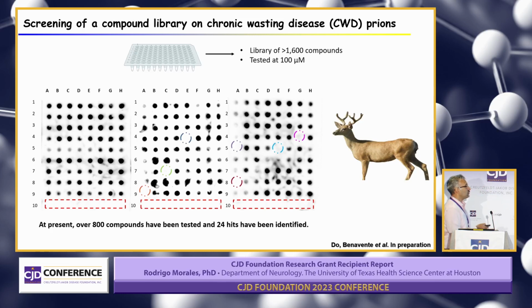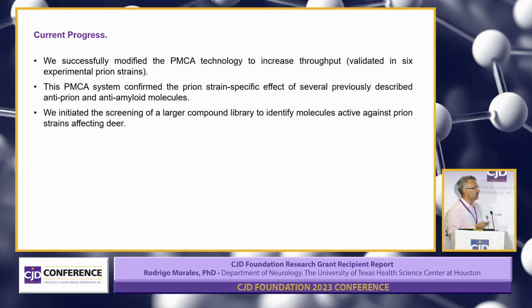In terms of current progress, we successfully modified the PMCA technology to increase the throughput. That was validated in 6 experimental prion strains. The PMCA system confirmed the prion strain-specific effect of several previously described anti-prion and anti-amyloid molecules. And as I showed you, we initiated the screening to identify molecules active against a prion strain affecting deer.